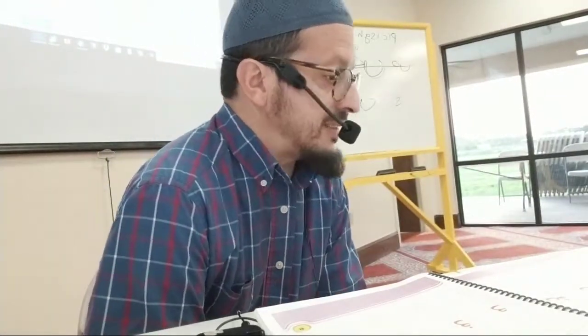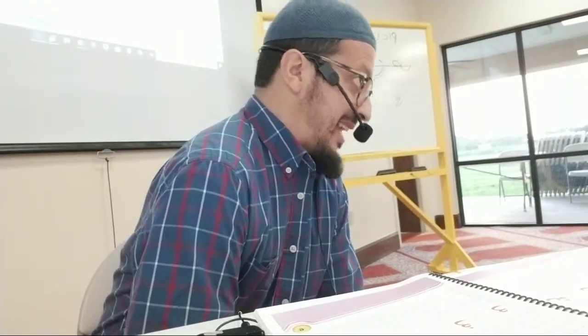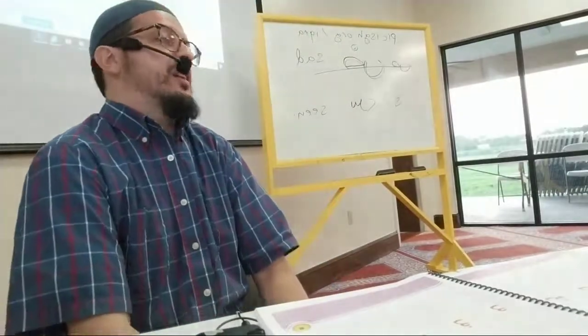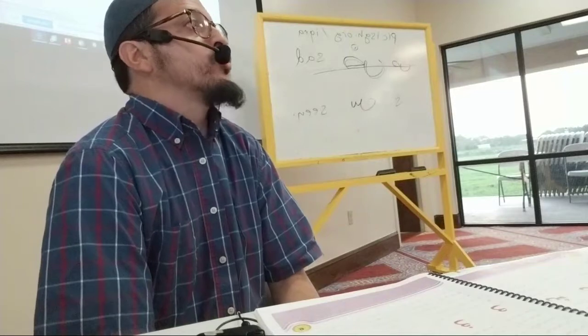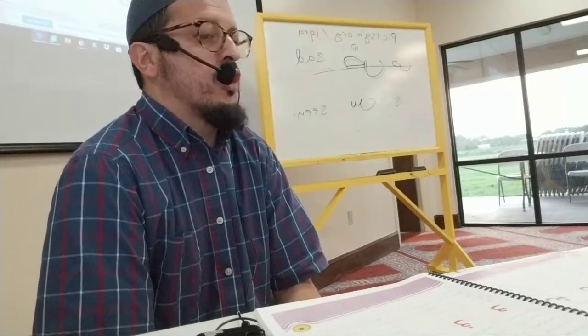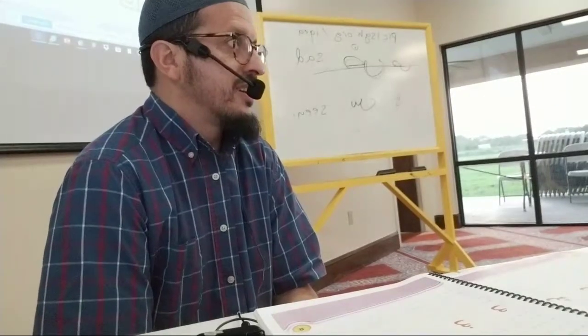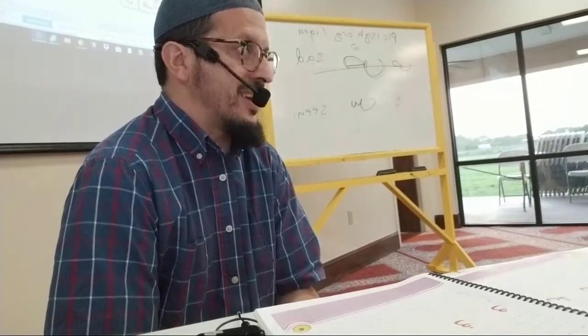Okay, so we did dal, that's the first one that we did, then dhal, then ra, and then za, then sin, and then the next one, sheen, and the last one, sod. Is it good? Yes. Okay. Say it. Let's work on it.